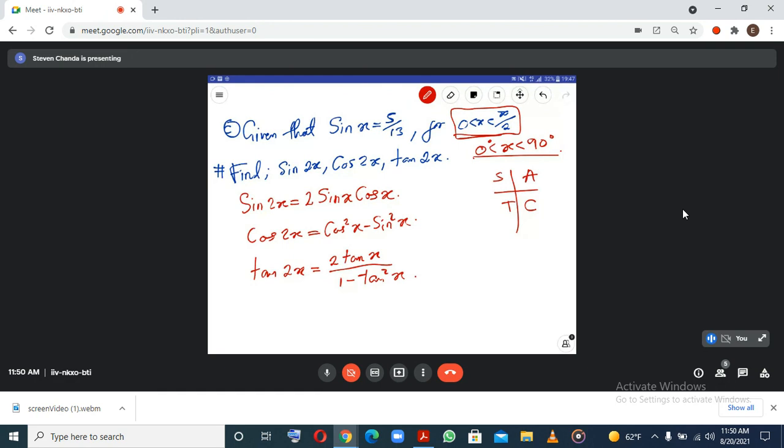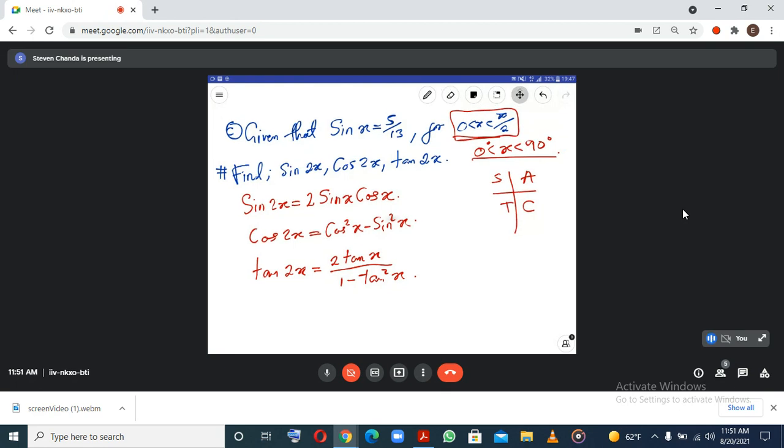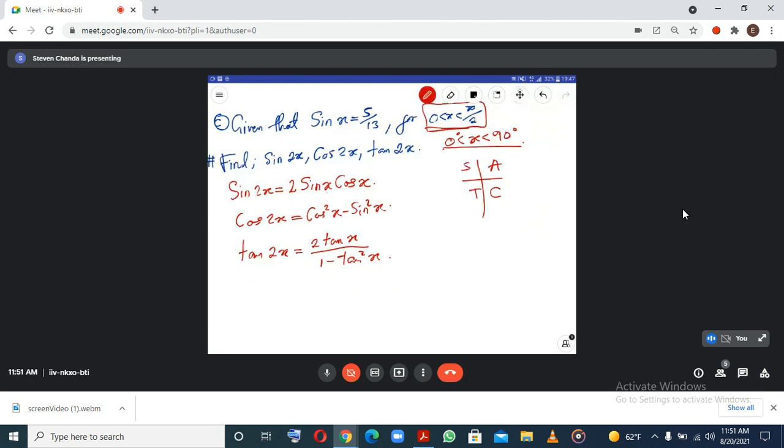We know our angle is in the first quadrant, so we draw the xy plane and put a triangle in the first quadrant, because that's where our range is. The angle is here, in the first quadrant.